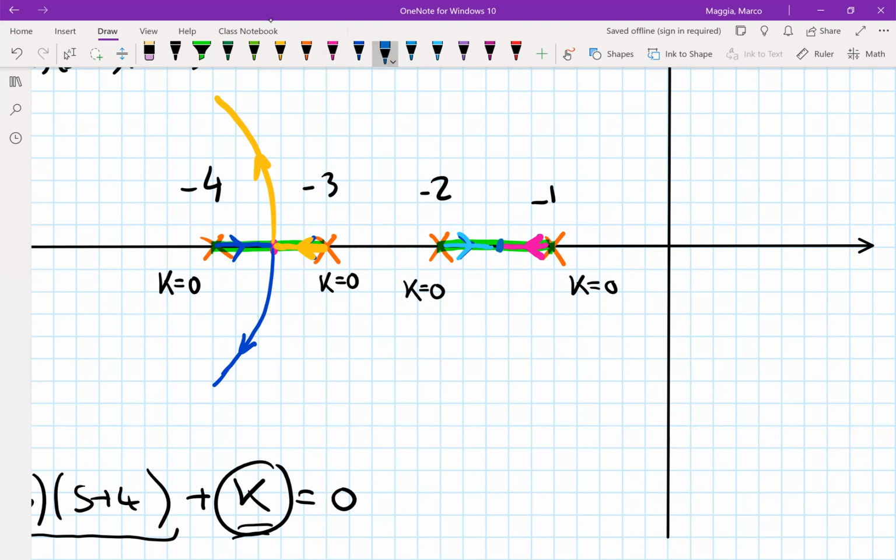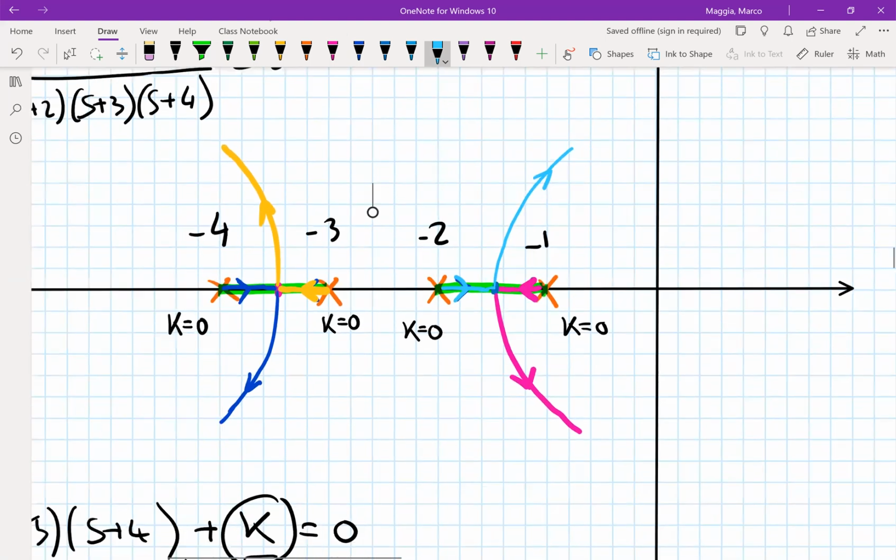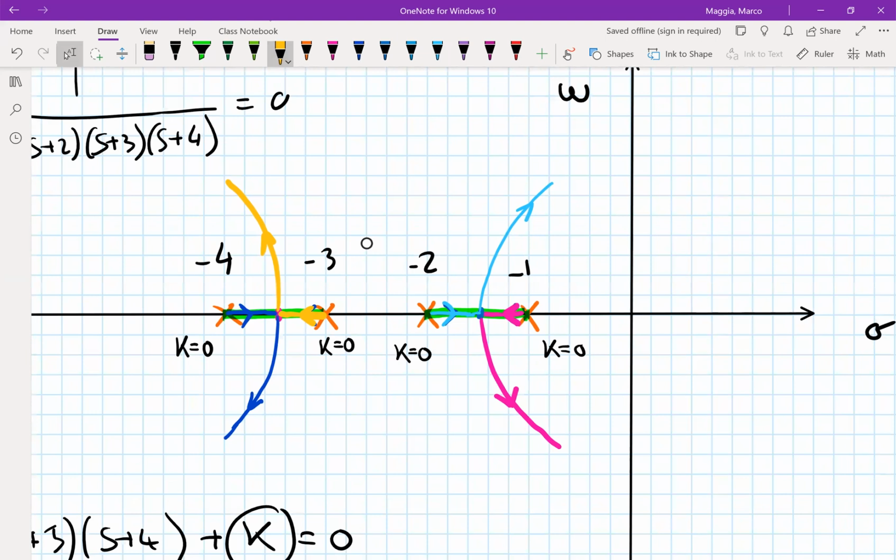Then they meet in the middle, and one will go away in one direction and the other will break away in another direction. So I'm predicting that these four branches will go to infinity following some sort of lines that we'll see later, and they're called asymptotes.